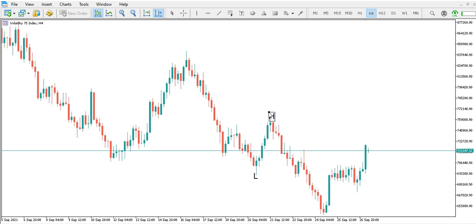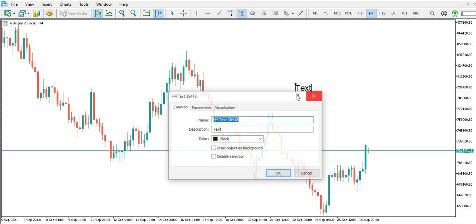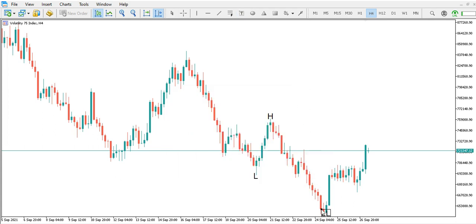Let's move it to here, and then again we have this lower low here, and then we have this lower low here, and then we see the break of market structure right here.